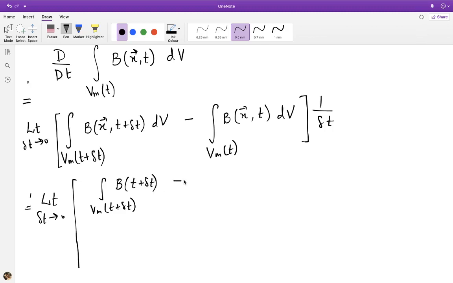I'm going to subtract from this the integral over Vm at t of B at t plus delta t, and since I subtracted it, I should also add it.